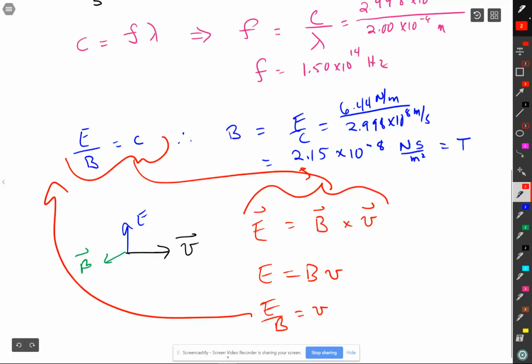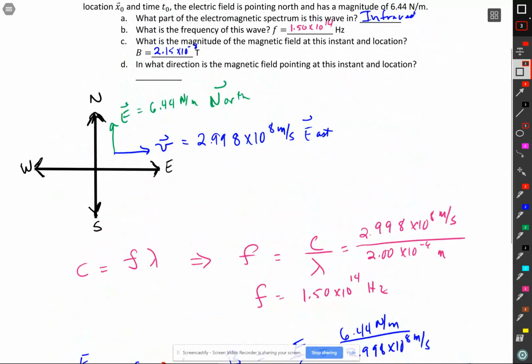So I'm just going to take this relationship and go back up and look at my diagram. Writing out that equation up here so I can see it where I'm using it, I have electric field vector is equal to magnetic field vector cross the velocity vector of the electromagnetic wave.